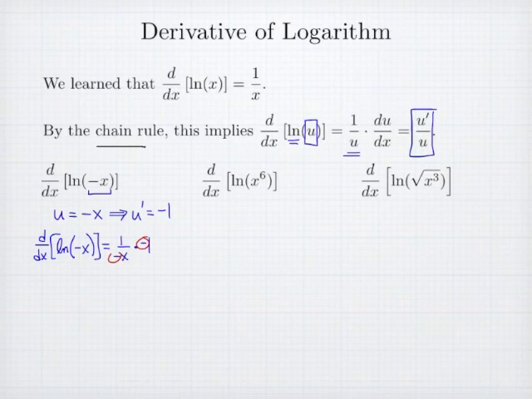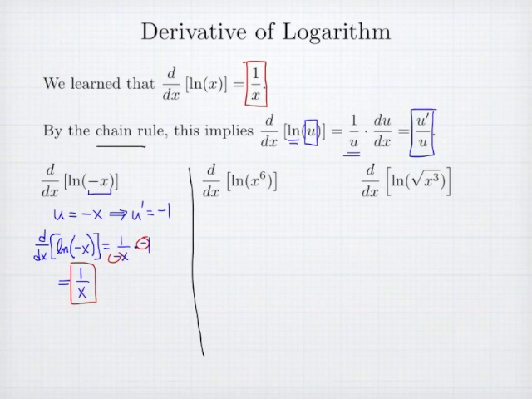So the derivative of the natural logarithm of negative x is 1 over x. And this is actually very important. The derivative of the natural logarithm of negative x and the derivative of the natural logarithm of x are both 1 over x. And we'll take advantage of that later in this presentation.